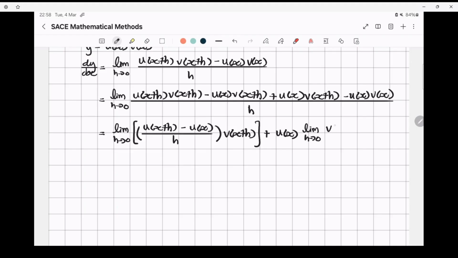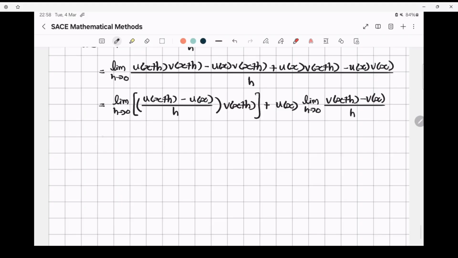So this is just v(x+h) minus v(x) divided by h. The thing is, when your h approaches 0, your v(x+h) is actually just v(x).